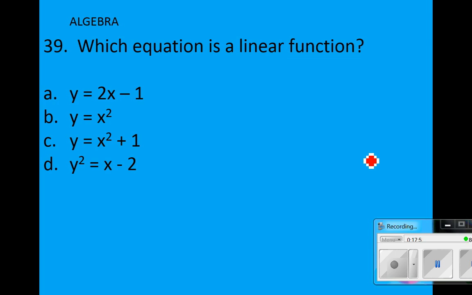Your answer choice is going to be the one that looks like what we've been using this year. Based on that, you should have chosen answer choice A. Because we've been graphing with M and B, and we've been solving word problems, this is the only kind of equation we've used repeatedly over and over and over again. We don't want exponents. Those are not going to make a straight line.